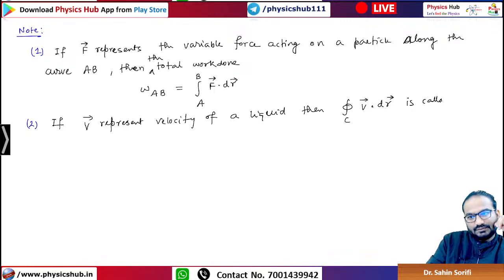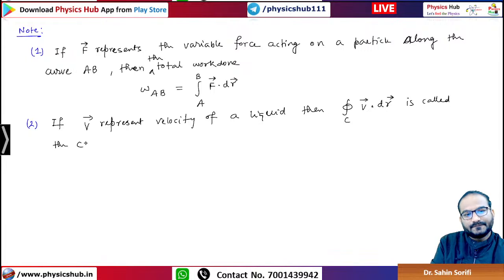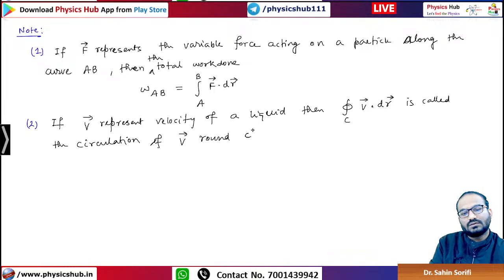It is called the circulation of V round the closed curve C.